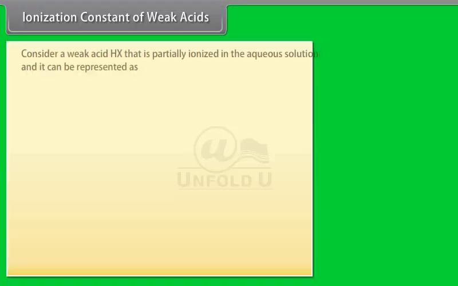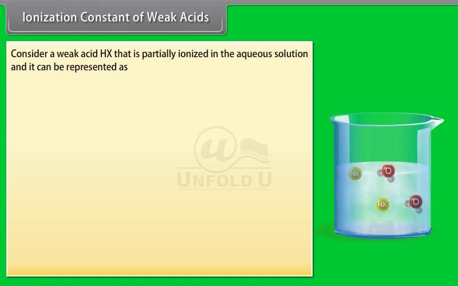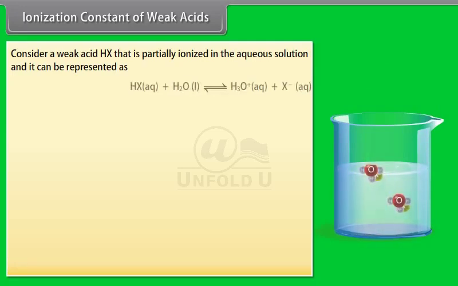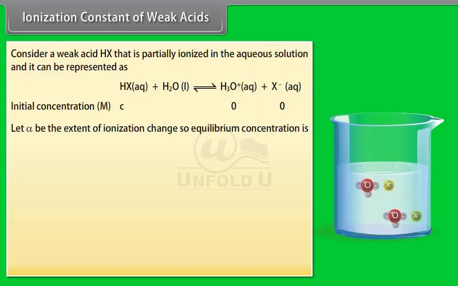Ionization constants of weak acids. Consider a weak acid HX that is partially ionized in the aqueous solution, and it can be represented as: let initial concentration of HX be C. Let alpha be the extent of ionization change, so equilibrium concentration of HX is C minus C alpha.